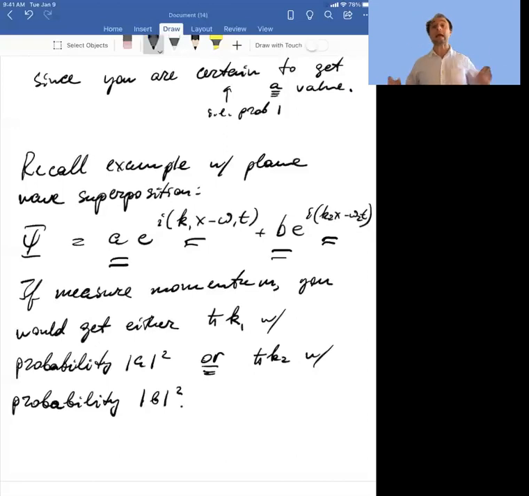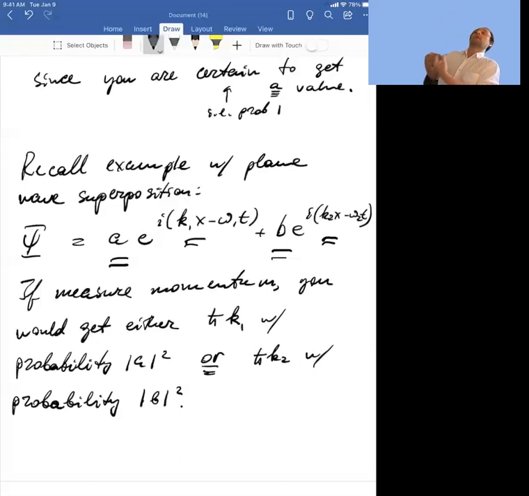Let's say I have something else, like angular momentum. We haven't talked about angular momentum, but it is something you could measure. And there exist wave functions that are well-defined angular momentum states. In other words, if a wave function has a well-defined angular momentum, then you would always get one and the same value of angular momentum.